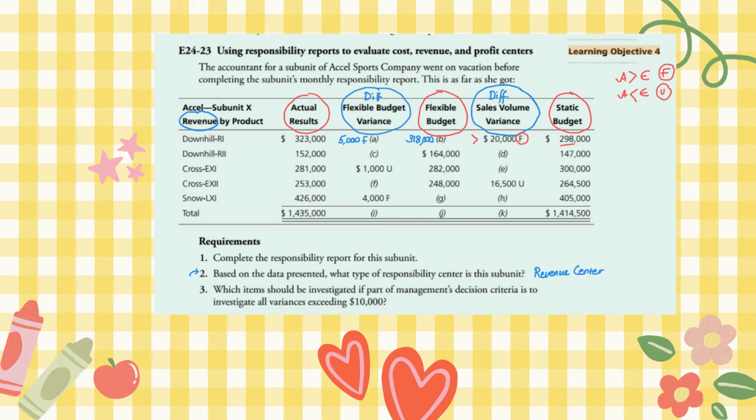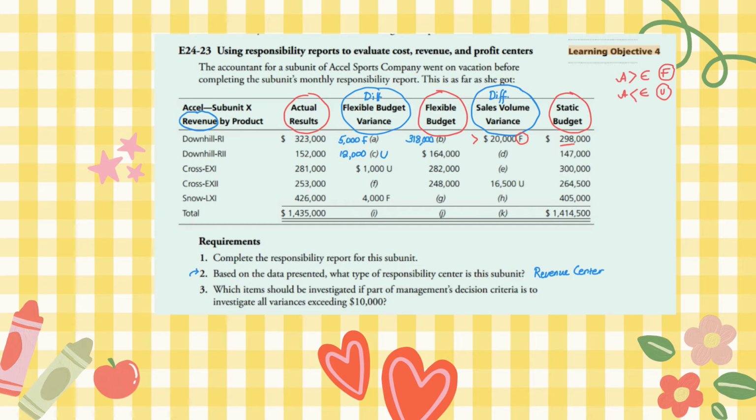Let's go to the second line. To solve for C, I need to find the difference between 152 and 164. It's going to be 12,000. I expected to get 164, I got 152. I got a lower amount, so it's going to be unfavorable variance.